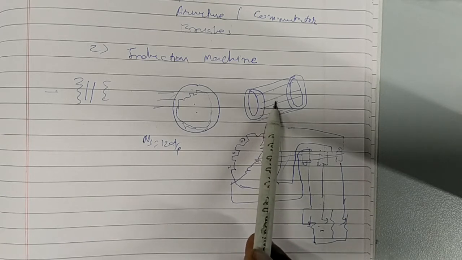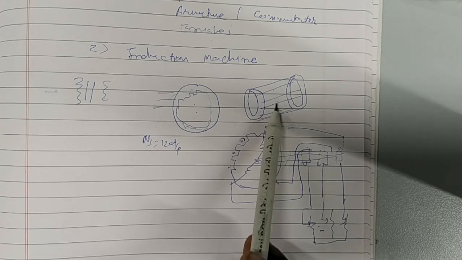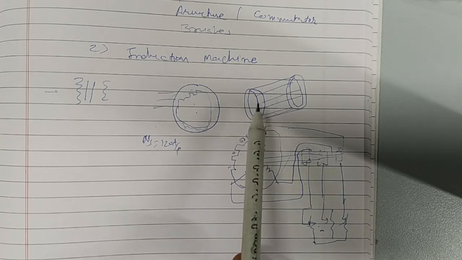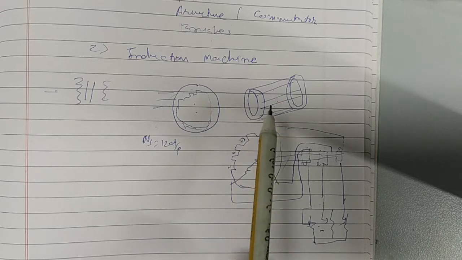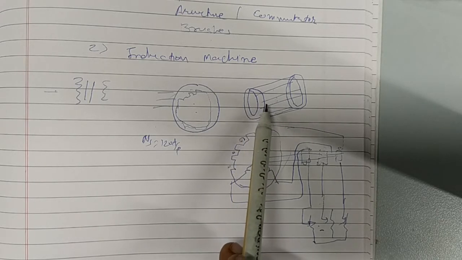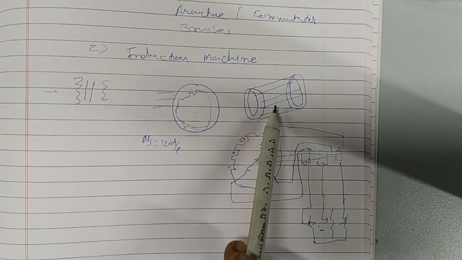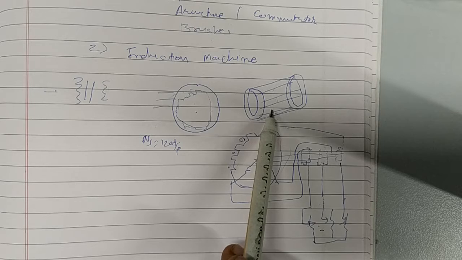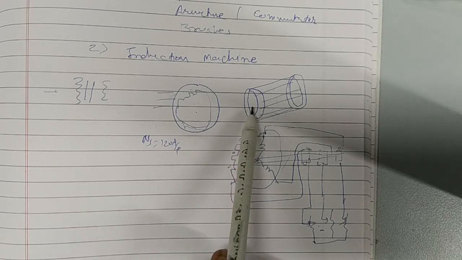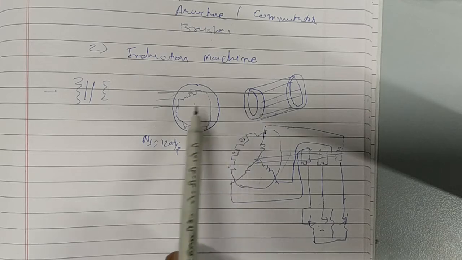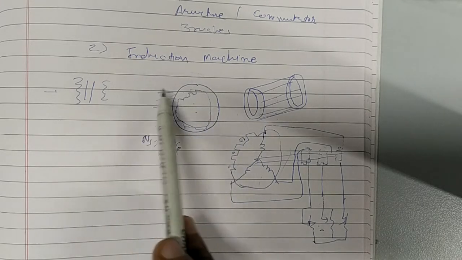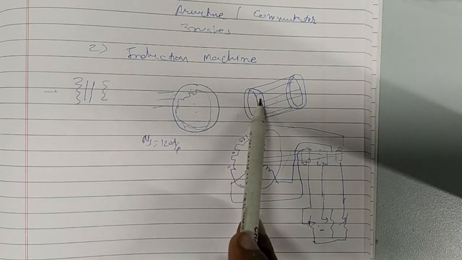So some EMF will be produced and some current will flow inside these, and the tendency of this current is to oppose the cause of its production, so it will also produce some kind of torque, and it will tend to rotate in the same direction, trying to minimize the relative motion between the rotating magnetic field and the rotor itself.